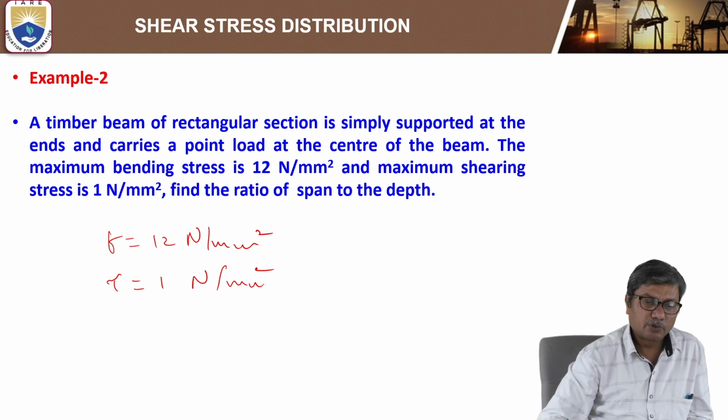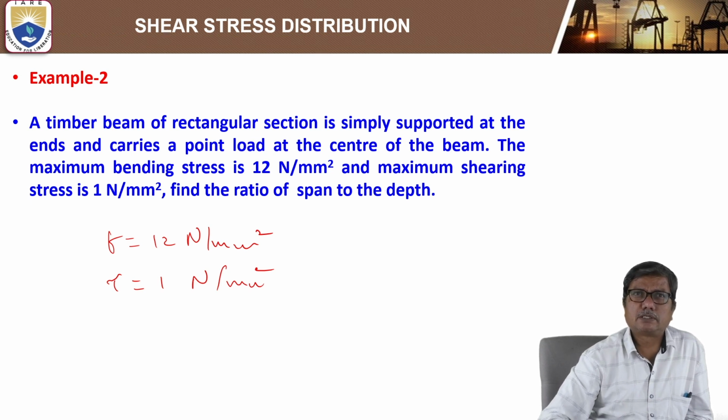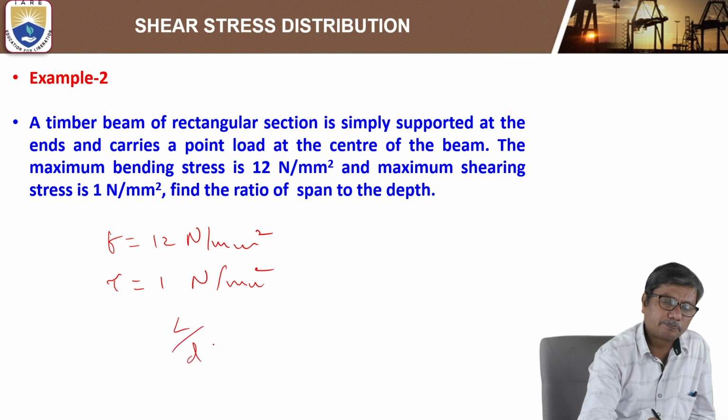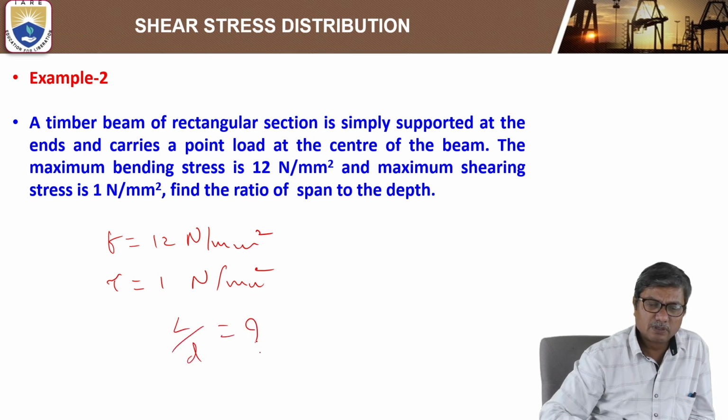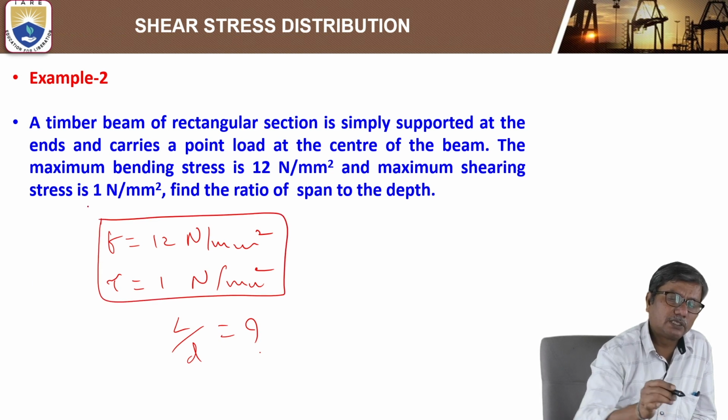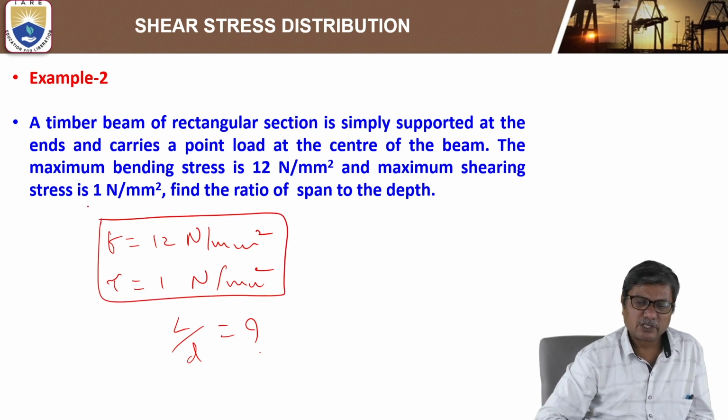It is a simply supported beam carrying a point load at the center. So you have to find the ratio of L by D, span to depth. For these limiting conditions, you need to find the span to depth ratio.